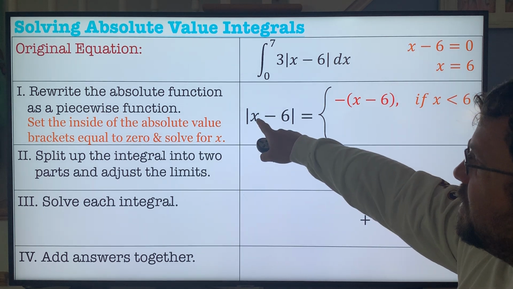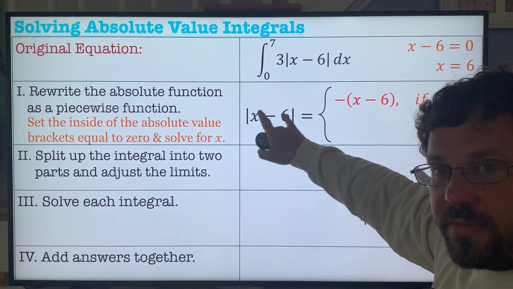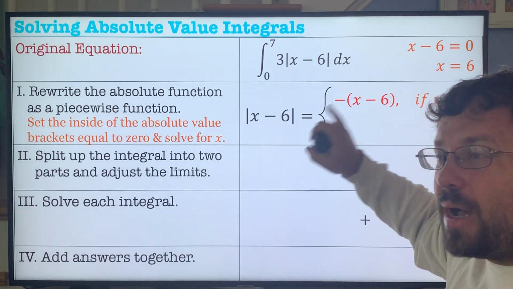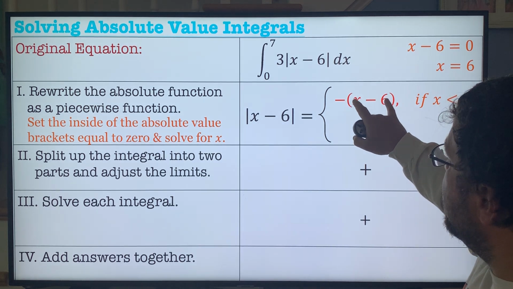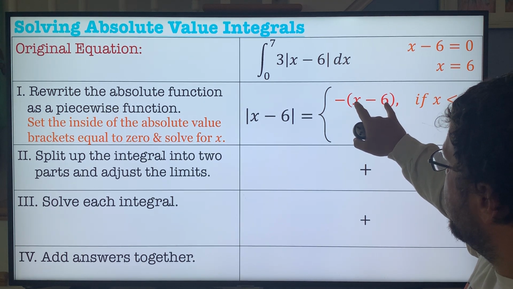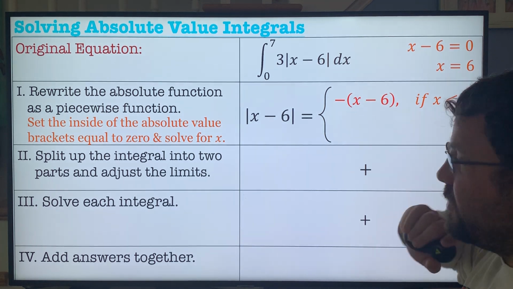If the number is less than 6, say 0, 1, 2, 3, 4, 5, the number in here is negative. But since we want it to be positive because of the absolute value, we put a negative out front. So any number before 6 I pick will be negative in here, but I'm turning it positive with a negative out there.